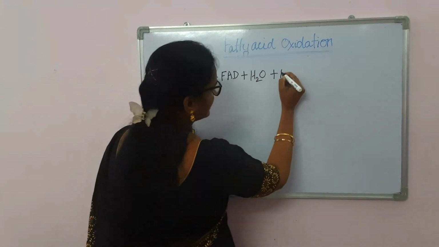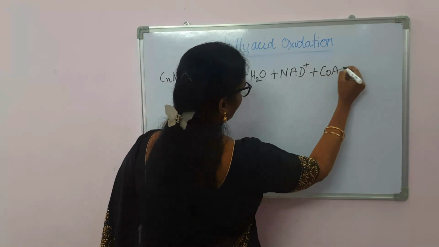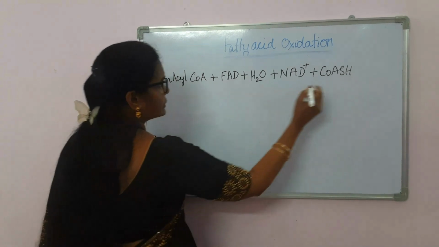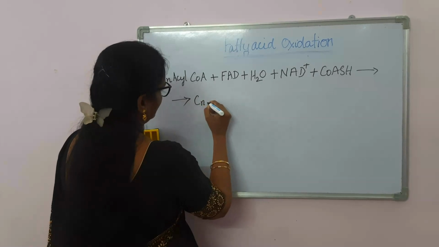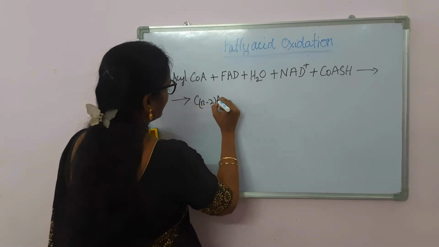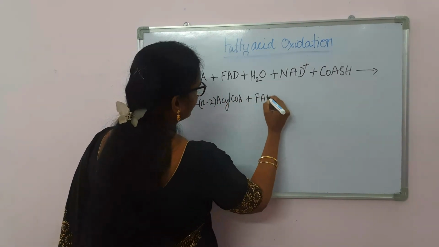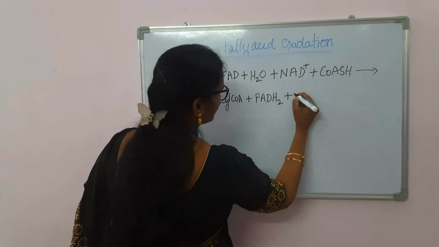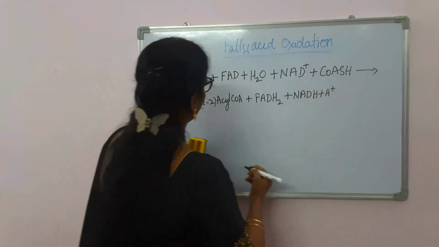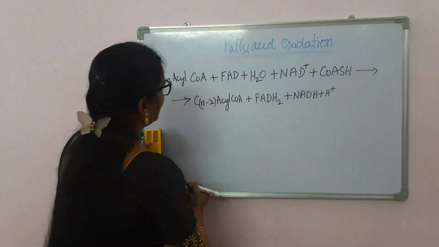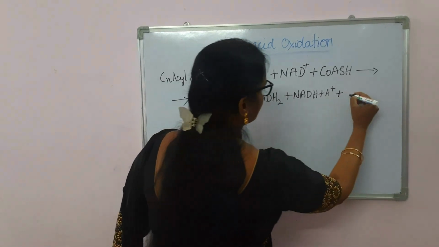Then again oxidation where NAD plus is reduced, along with coenzyme A. This reaction gives C(n minus 2) acyl-CoA plus FADH2 plus NADH plus H plus, and also acetyl-CoA.